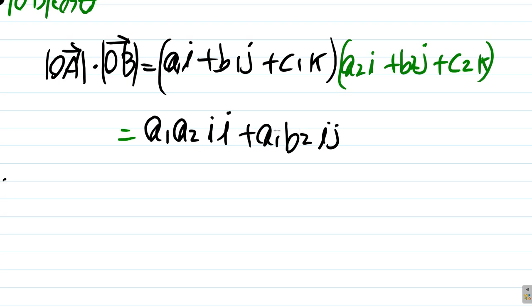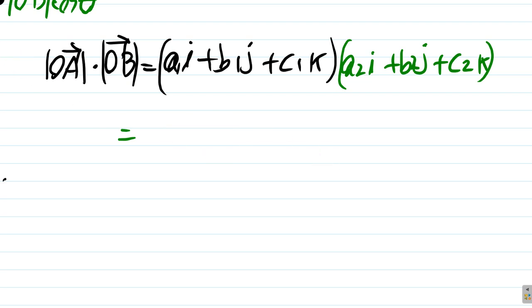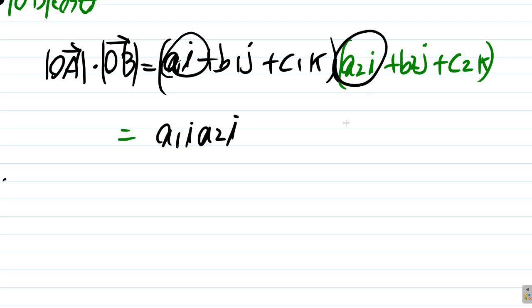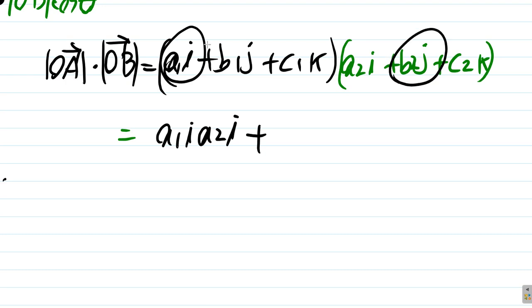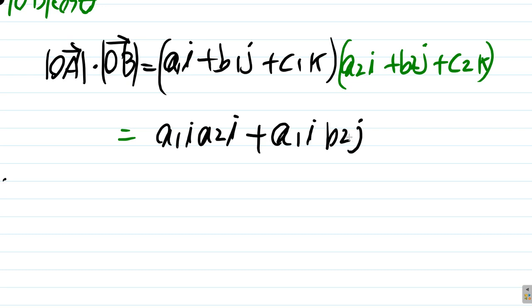Let's just write it out exactly as it is first, to keep the concentration. We have A1I by A2I. See that? Plus A1I by B2J. See? Plus A1I by C2K.